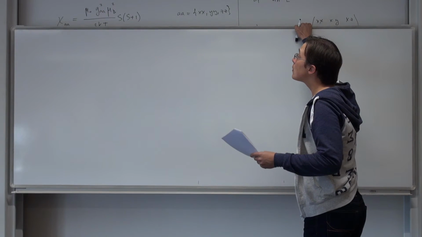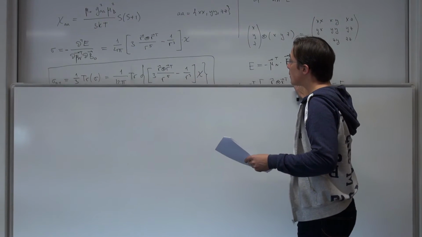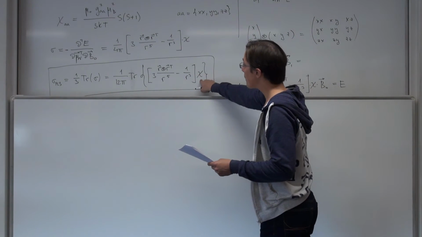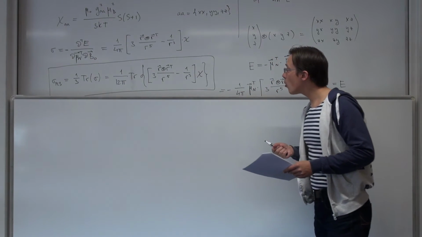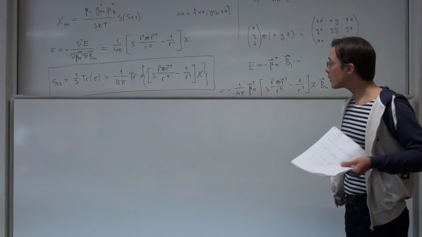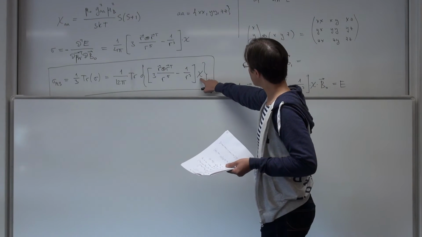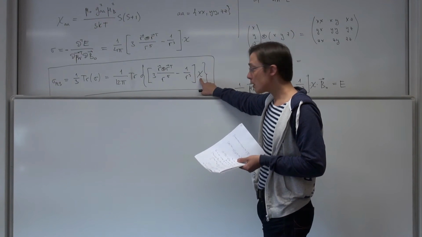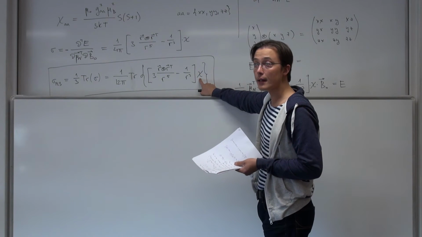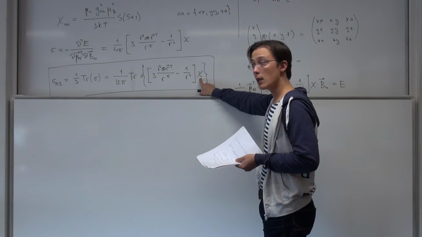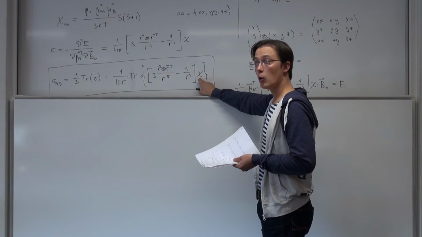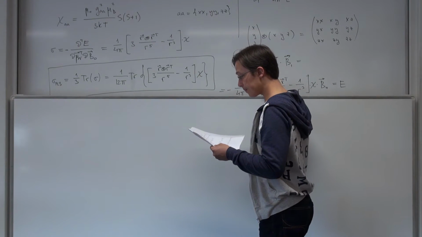Okay, so let us start with this expression here, and let us transform the picture and the system into the basis which diagonalizes the magnetic susceptibility tensor. So we would assume that this is a diagonal matrix with 3 elements, chi xx, chi yy, and chi zz.